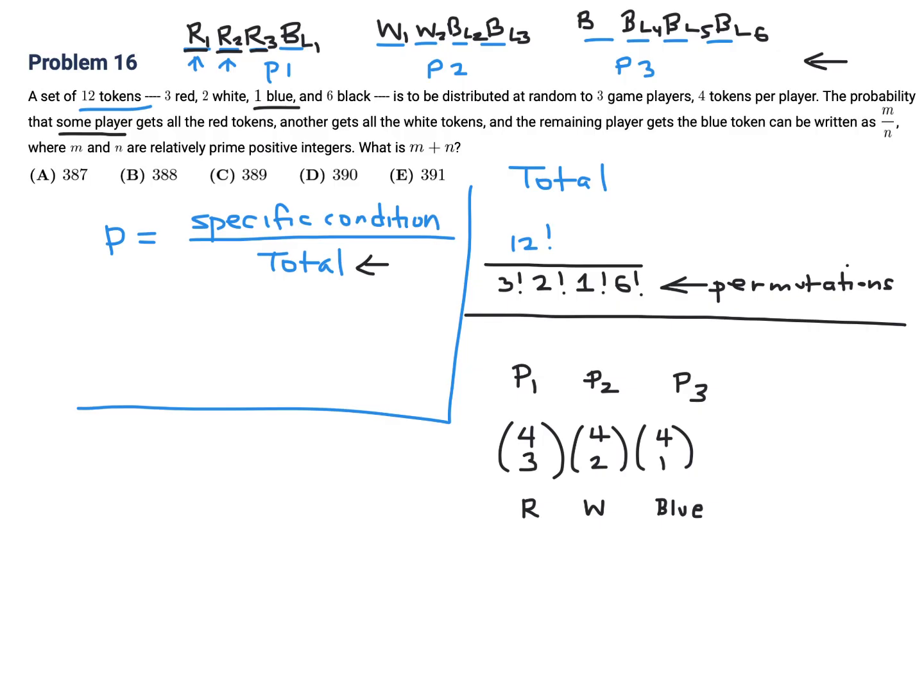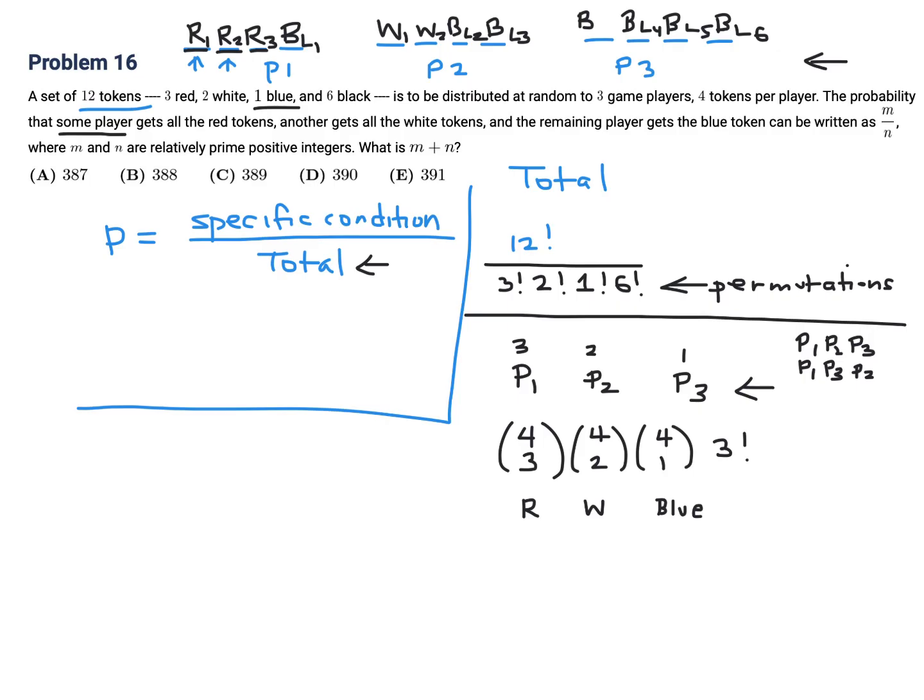Okay. Now that is fine, but you have to remember this has 6 permutations, because P1, P2, P3 could also be P1, P3, P2, right? And then there's an additional 4 permutations. It's basically 3 times 2 times 1. So that has 3 factorial permutations.